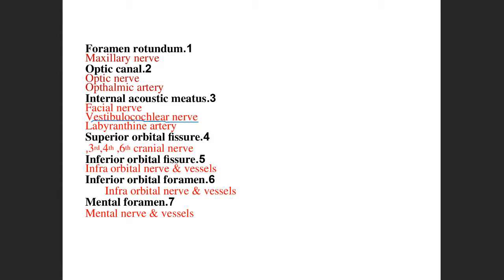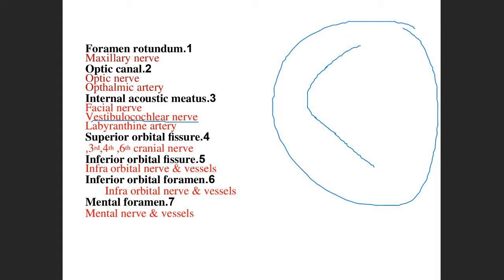The superior orbital fissure and inferior orbital fissure. We have seen this in the video. If this is the orbit, here we have the superior orbital fissure, and this one is the inferior orbital fissure.